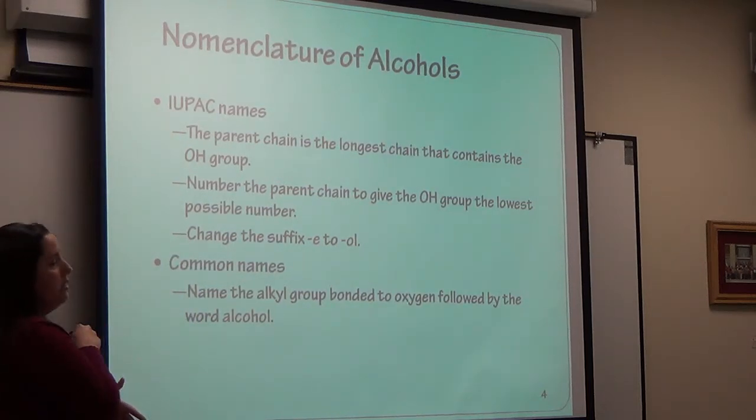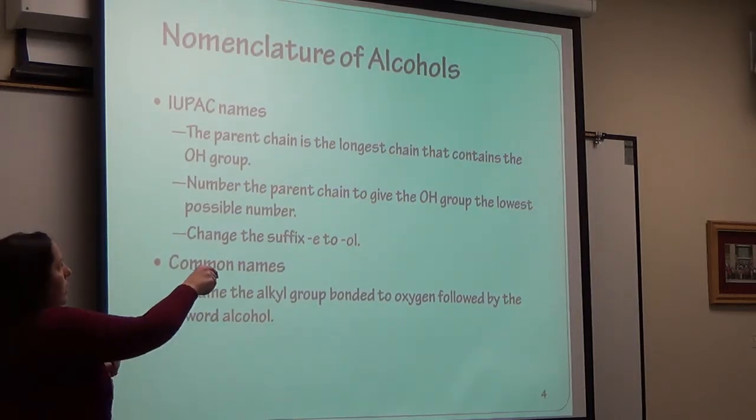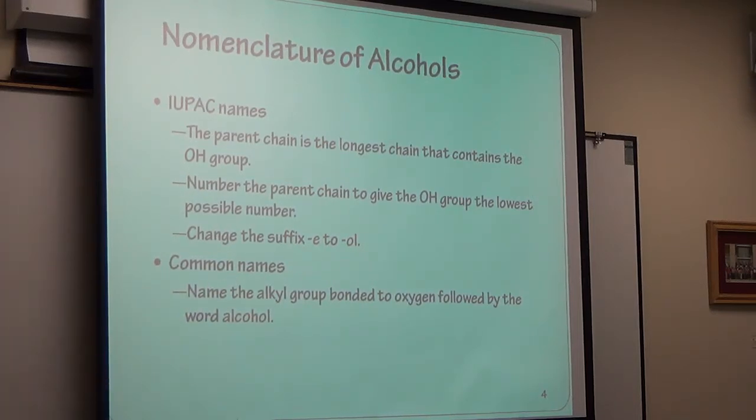So that's the longest chain that has that carbon included. Then you want to number the carbon that has the OH with the lowest possible locator. So that's the priority. If there's something else like a double bond or a triple bond, that's second to giving the carbon with the hydroxyl group the lowest number.